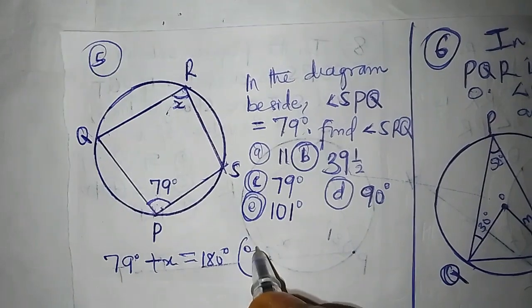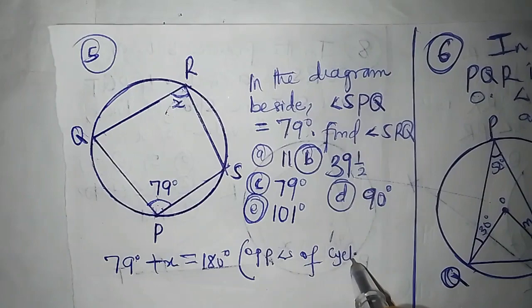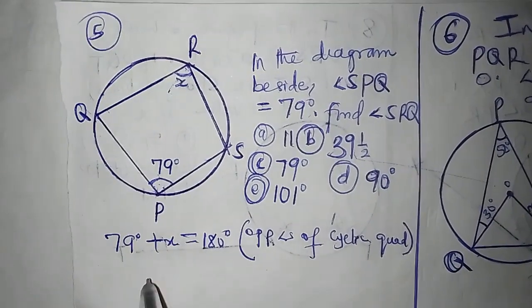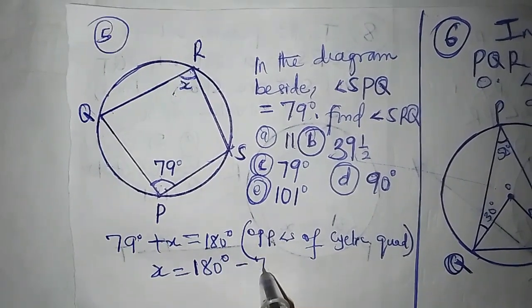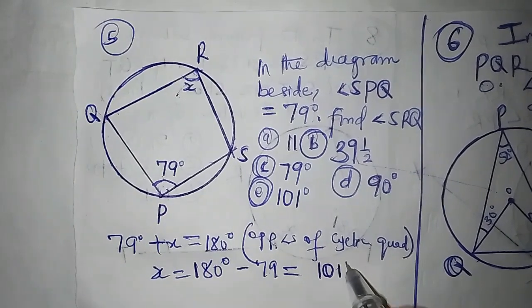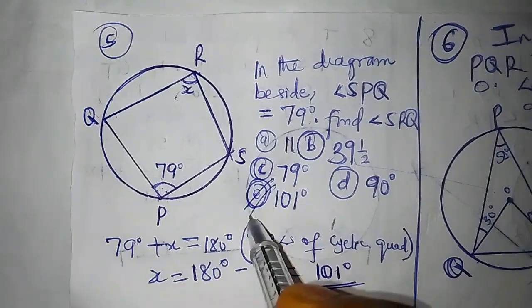What's the reason? Opposite angles of a cyclic quadrilateral. So our X will be equal to 180 degrees minus 79, and that is 101 degrees. And that I can see in my option E.